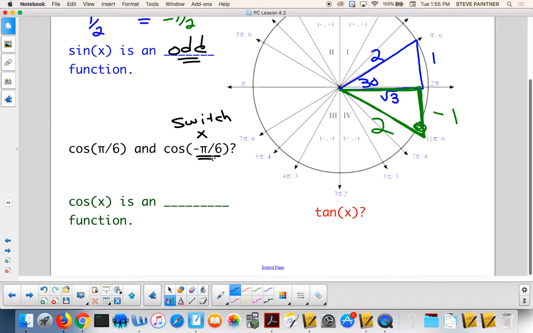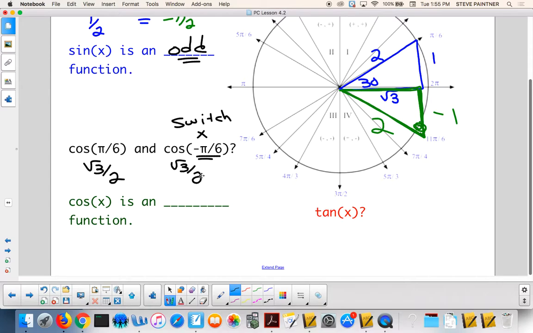So that means I'm checking for which one? Even. What's cosine of 30? Square root of 3 over 2. Got it. What's cosine of negative 30? Square root of 3 over 2, yep.